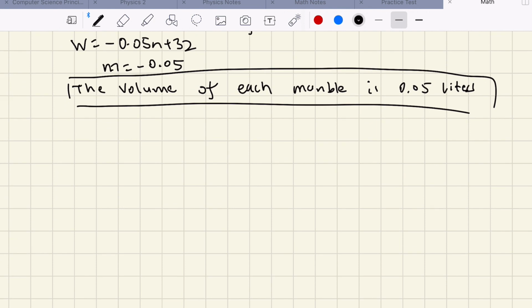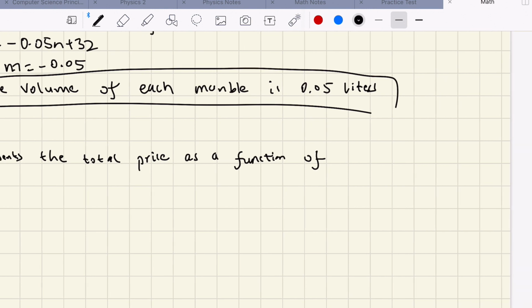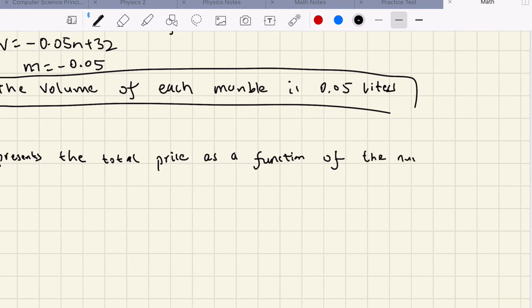Let's try another problem. A paintball court charges an initial entrance fee plus a fixed price per ball, and P represents the total price as a function of the number of balls, which is represented by the letter n.